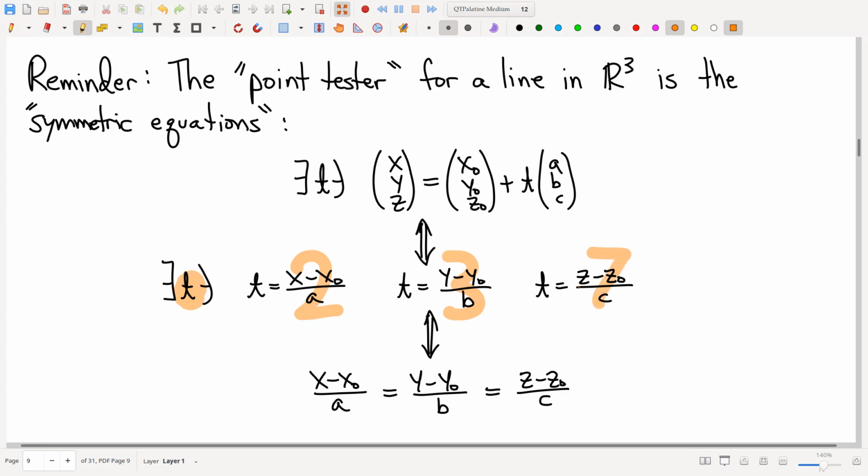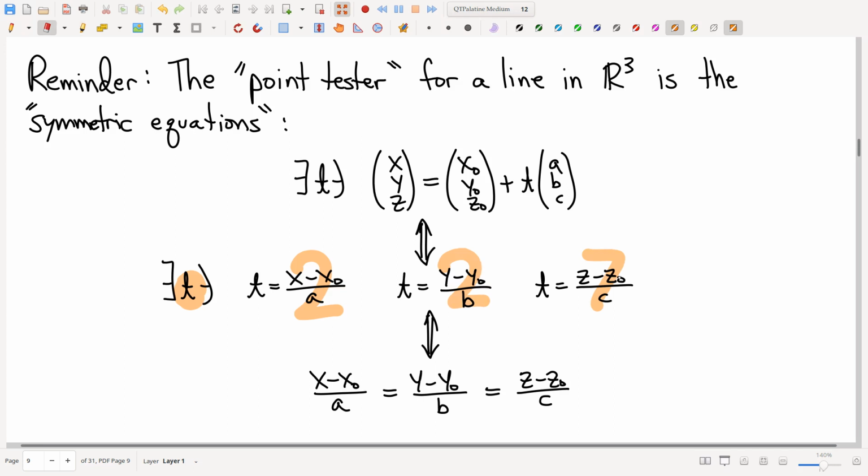Can y'all think of any value of t that's equal to 2 and 3 and 7? No, it's silly. How about this? Is there a value of t that is equal to 2 and 2 and 7? No, right? Being deliberately silly.